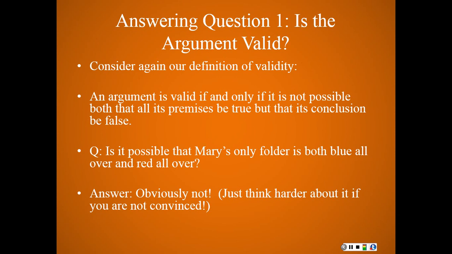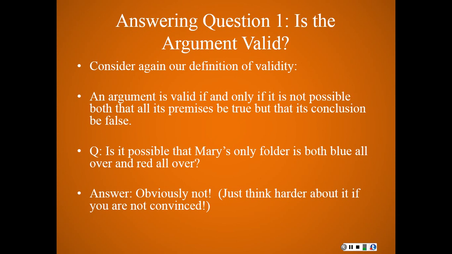But now suppose you had written the story and you told me in the story that Mary's only folder was both blue all over and red all over. Well, that's ridiculous in a way that even entertaining the thought that Mary has these special abilities to set things on fire with her mind is not.